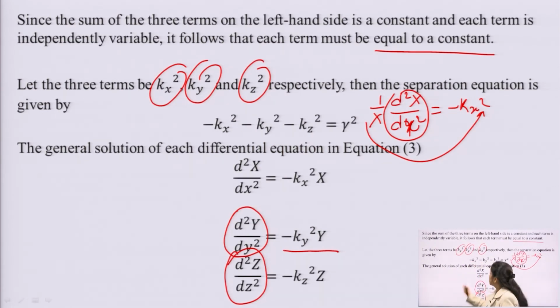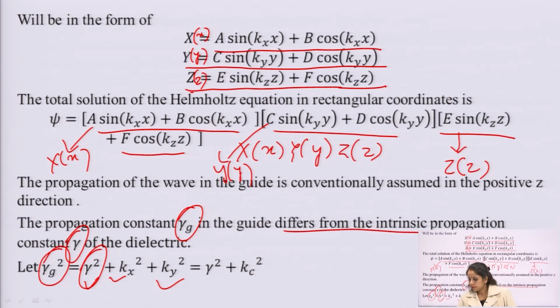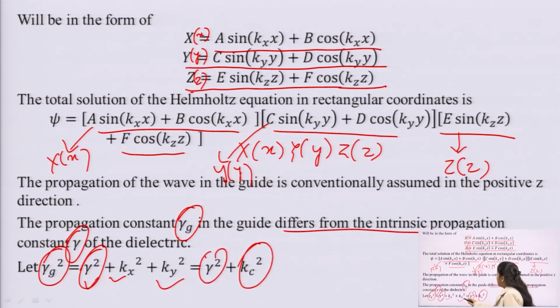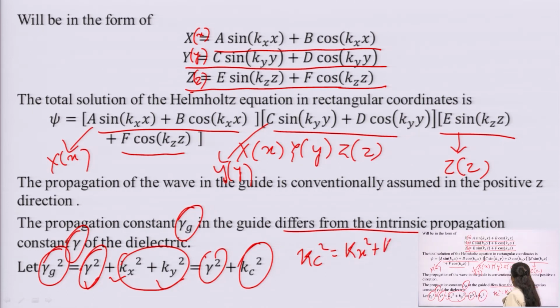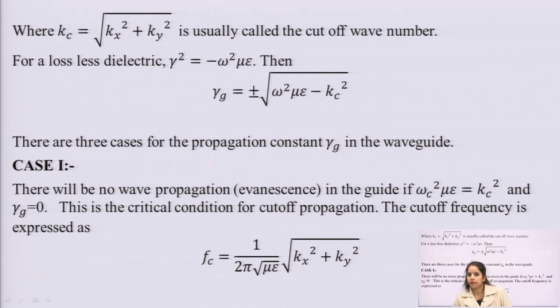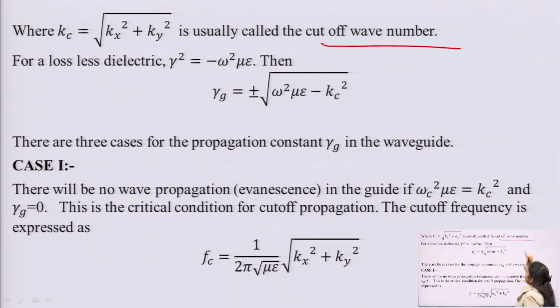So, this is the expression, and this is our cutoff kc: kc squared is equal to kx squared plus ky squared, which is our cutoff wave number. So, kc is equal to the square root of kx squared plus ky squared, and this is called the cutoff wave number.